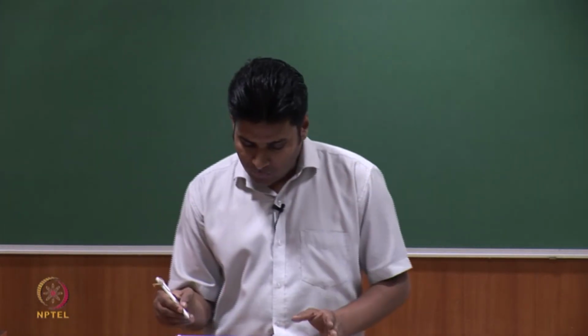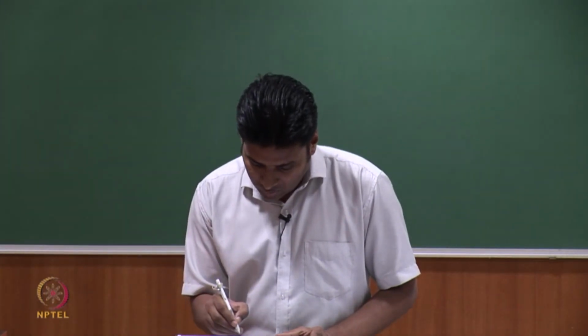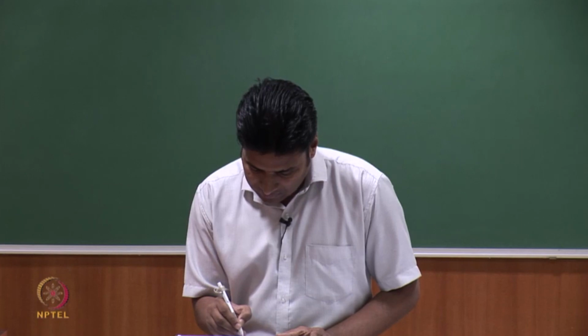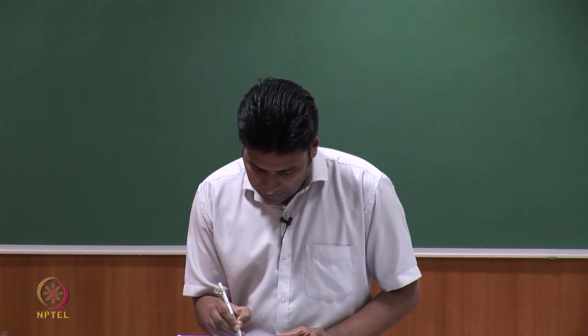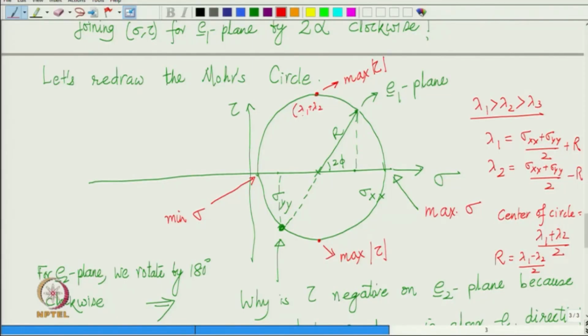So, for the maximum point, we could also say that this is same as lambda 1 plus lambda 2 by 2 comma lambda 1 minus lambda 2 by 2, is not it? So, we have confirmed our previous results from this Mohr circle.